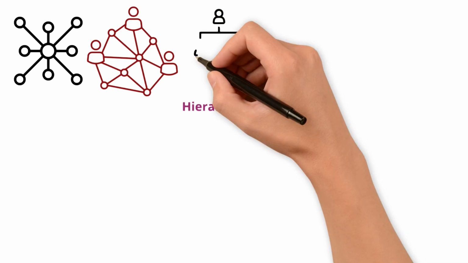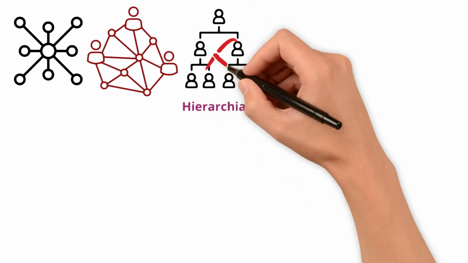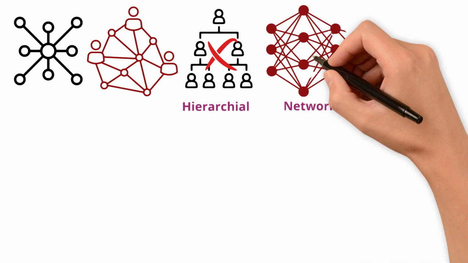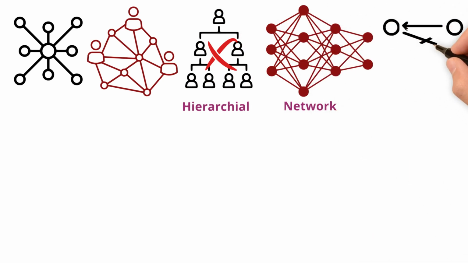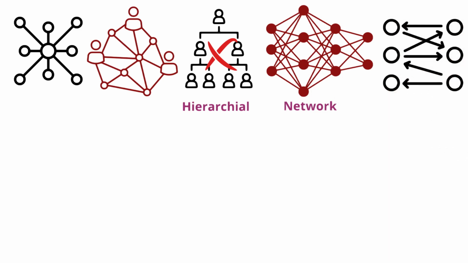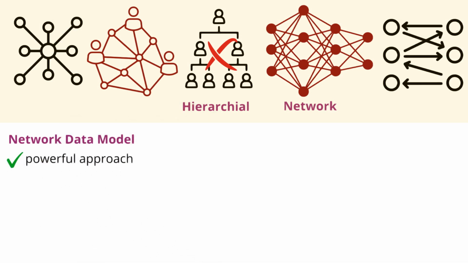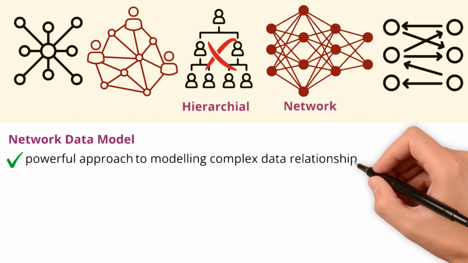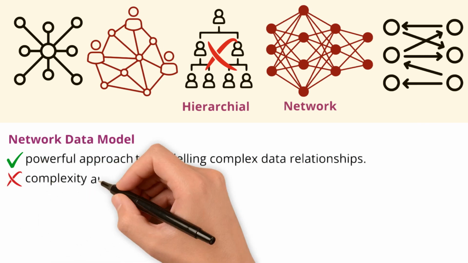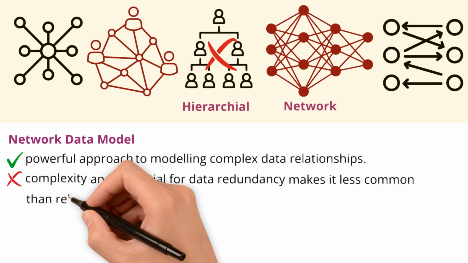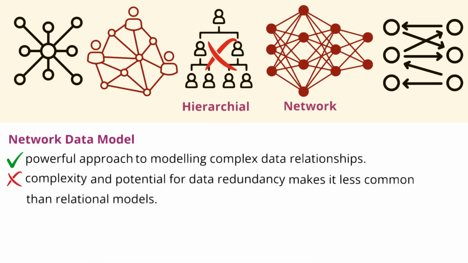Unlike the hierarchical model's parent child structure, the network model allows for a more interconnected and flexible approach to handle many to many relationships. Though the network data model offers a powerful approach to modeling complex data relationships, its complexity and potential for data redundancy make it less common than relational models, which are standardized and scalable.